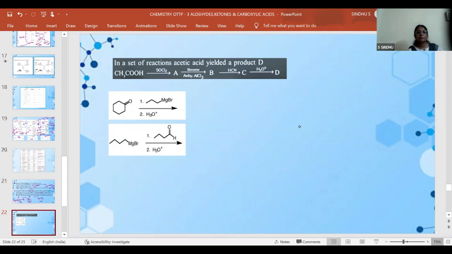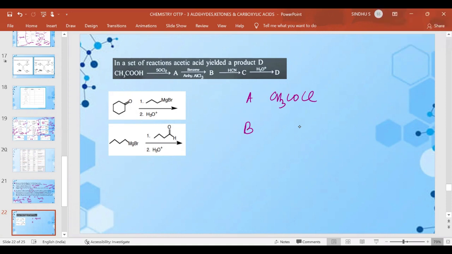One last slide from this part, sir. Okay, ma'am. First, SOCl2 means acid chloride, ma'am. Next one: benzene and anhydrous aluminum chloride.